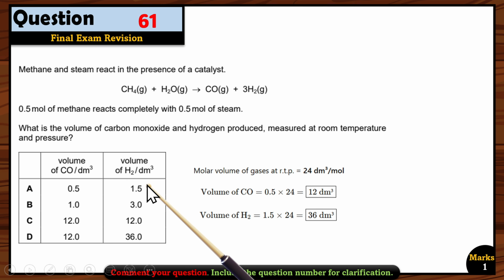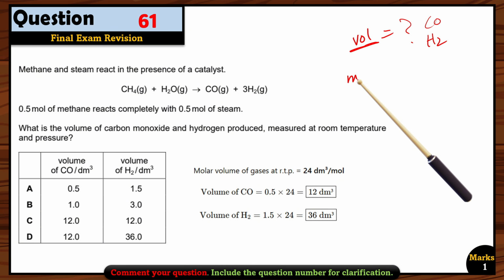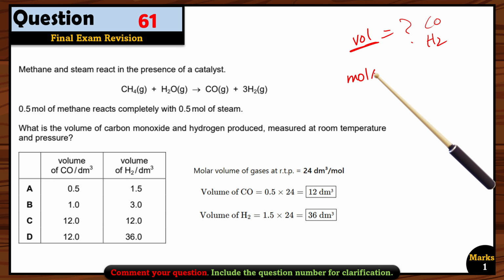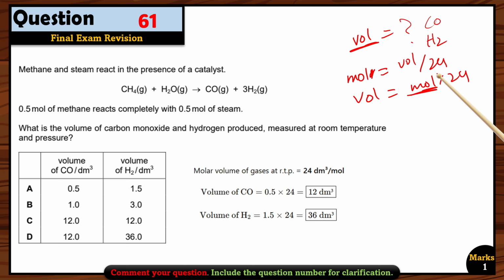So now you have to just find the volume of carbon monoxide and also for H2. For finding the volume, you must know the moles, right? Moles is equal to volume divided by 24. So volume will be moles into 24, right? So how many moles of carbon monoxide is used? We have to see one by one. If you see, 1 mole is giving you 1 mole of carbon monoxide, right?